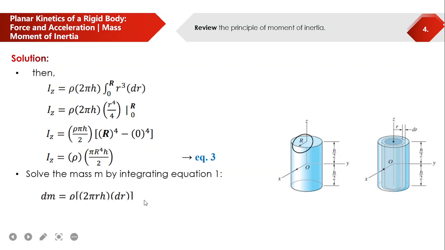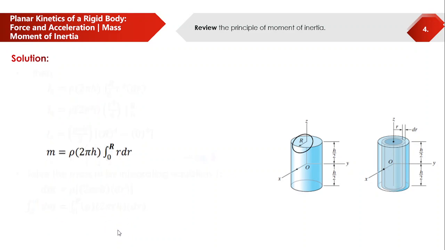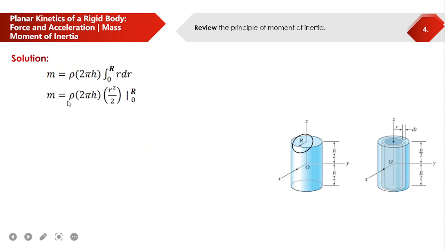Solve the mass m by integrating equation 1. Integrate both sides: the integral of dm from 0 to m is equal to the integral of rho 2 pi r h dr from 0 to r. The mass is rho times 2 pi h, the constants taken out, times the integral of r dr from 0 to r, which is r squared over 2.